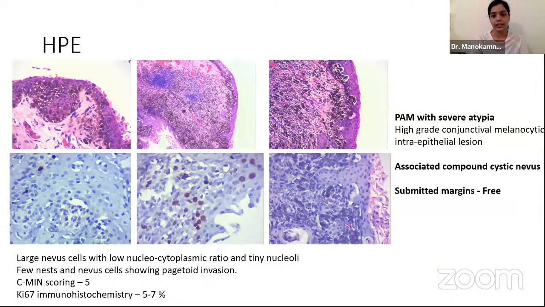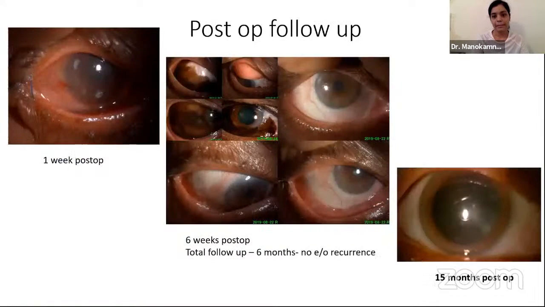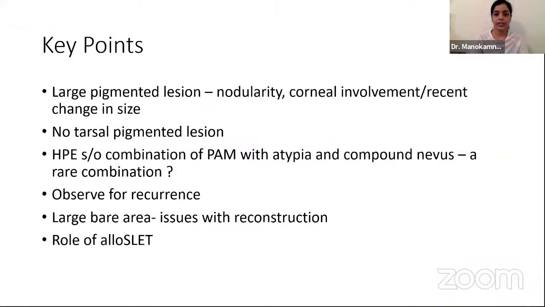Next slide, please. On histopathology, the pigmented lesion turned out to be PAM with severe atypia with a Siemens score of 5, and the nodular lesion turned out to be a compound cystic nevus. Next slide, please. We have followed up the patient for 15 months now and there is no evidence of recurrence. The key points to highlight in this case are that it was a large pigmented lesion, there was nodularity, there was corneal involvement, and there was recent change in size.